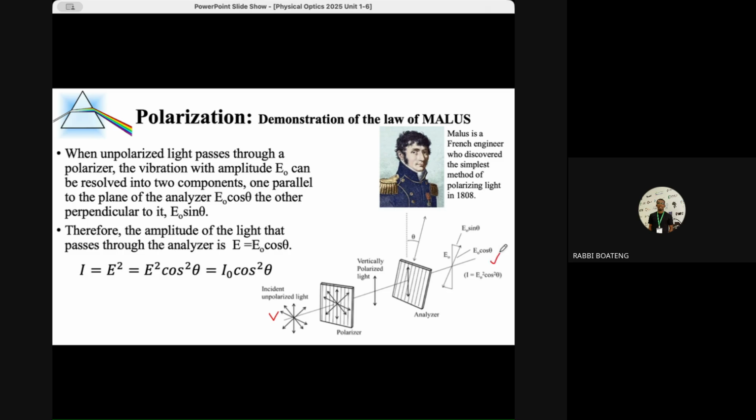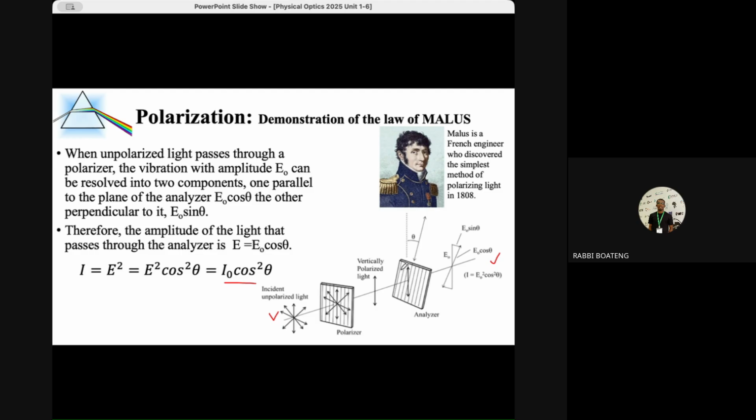The formula is very simple: I, our final intensity, equals I naught, the initial intensity of the incident polarized light, times cos squared theta. The theta here is the angle that we've moved the polarizer.